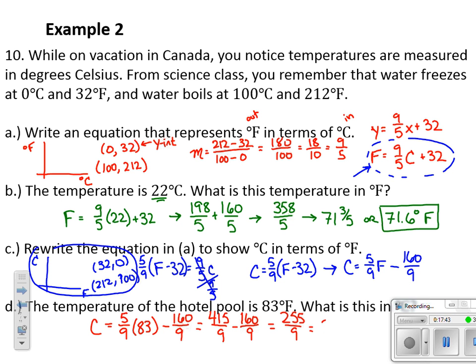So it would be 26 and 3/9, or 26.33 degrees Celsius. I'm just going to check that on the calculator really quickly. .33, I'm sorry. Yeah, I just had to take away 2 9s. Okay.